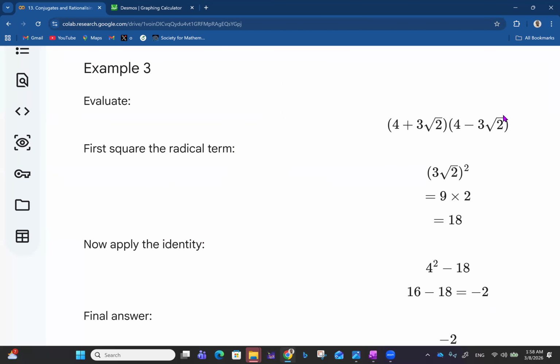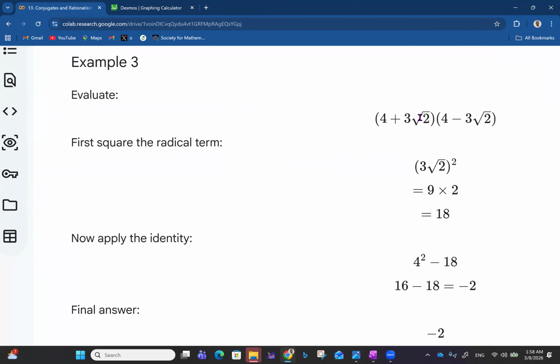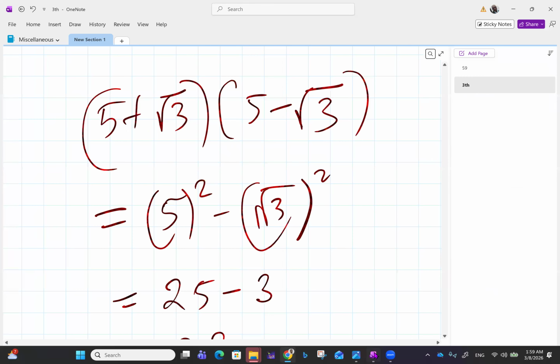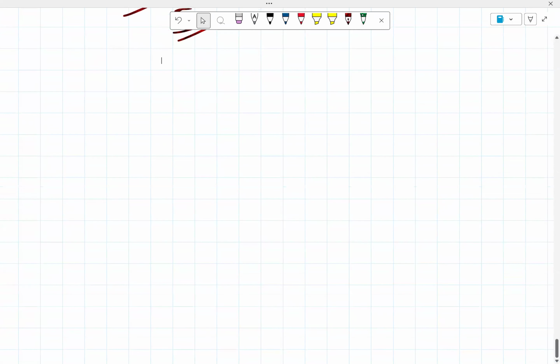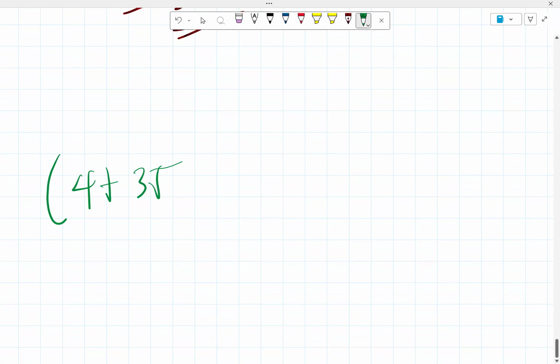For example 3 now, you have 4 squared. First you can square the radical term. 3 root 2 squared is 18. So you have 4 squared minus 18, that's 16 minus 18, which is minus 2. And that's the answer. Again, let me do that on the worksheet. 4 plus 3 root 2, 4 minus 3 root 2.